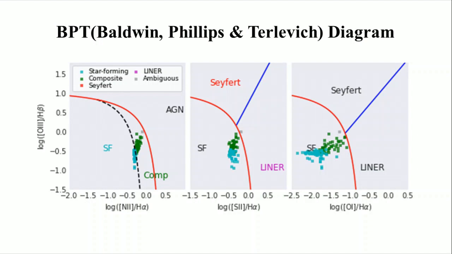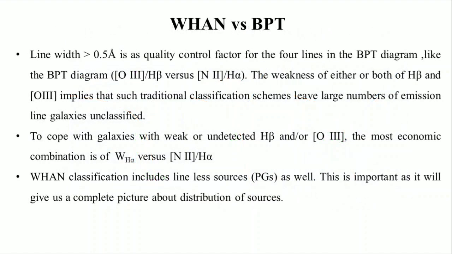So now we need to understand, okay, there's been a classification scheme for so long, so what is the need of a new classification scheme? As I said, with the BPT diagram we need at least four lines to classify a galaxy based on its emission lines. If any one of the four emission lines doesn't make the 0.5 angstrom line width cutoff, then we won't be able to classify that particular galaxy.